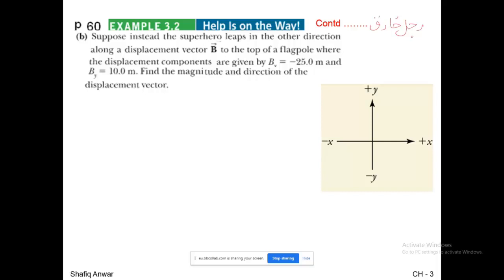So he is going in the opposite direction now, and it's given to you that you are given the x component and y component, right? You see, the x component of B is minus 25. This is the x-axis here.